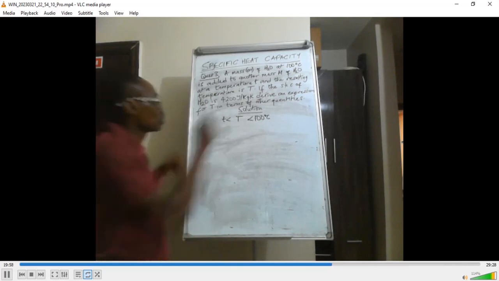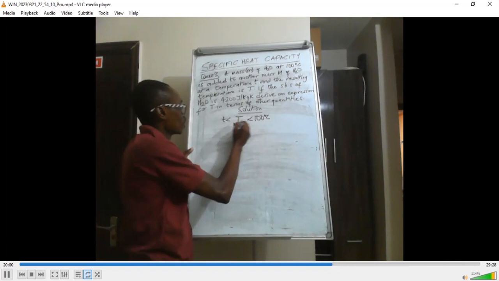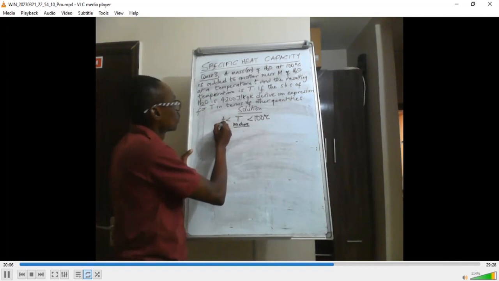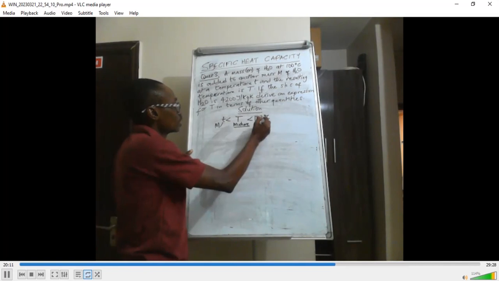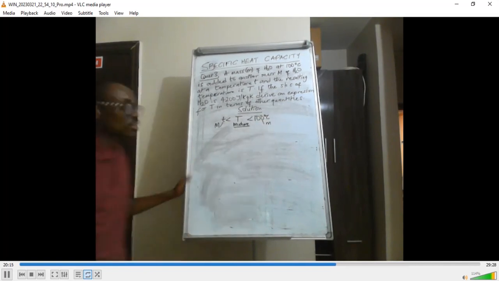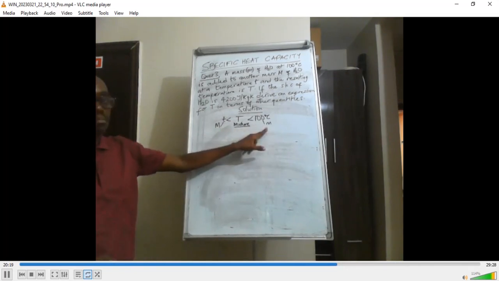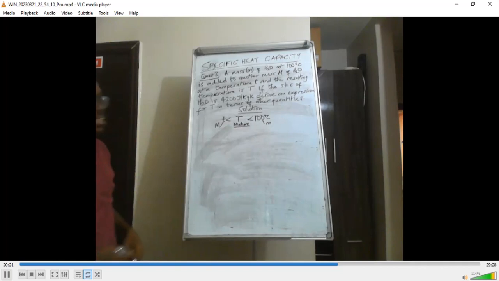So this is the temperature of the mixture. This is the temperature of capital M of water. This is the temperature of the small mass m of water. These are their temperatures.